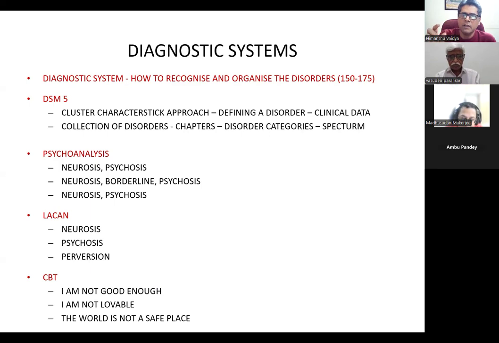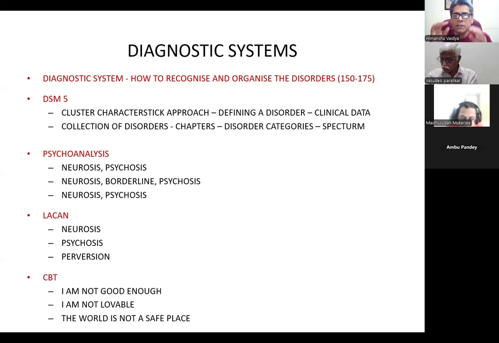So there are two very important things, the naming and the qualification. And this qualifying criteria are coming from clinical data. They are not coming from a blood test. They are not coming from a CAT scan. They are not coming from any investigation, pathological investigation of the conventional kind. They are coming from clinical data.